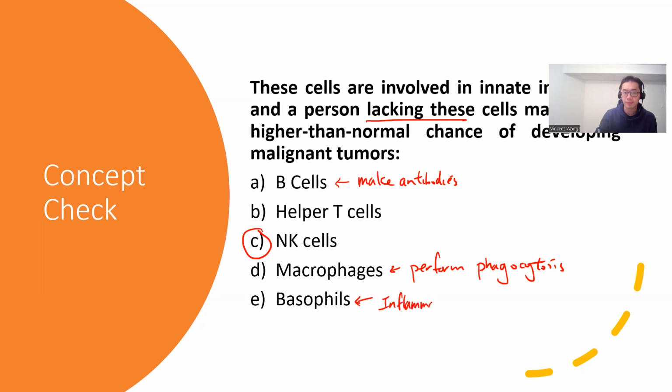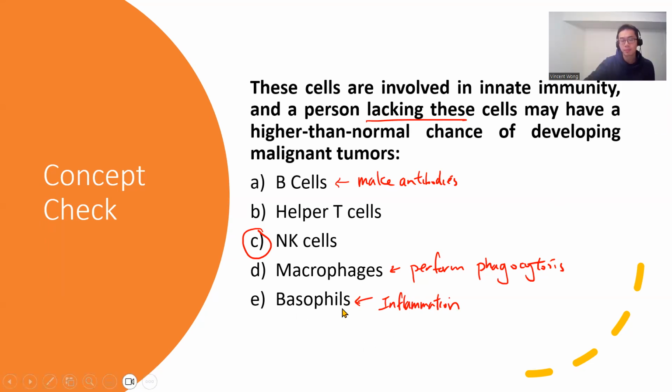Inflammation. Okay. So basophils and mast cells both play a role in inflammation. The difference is mast cells are more for localized type of inflammation. Okay, so there you go.